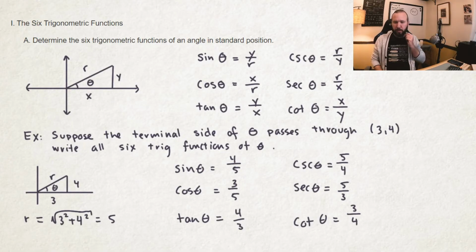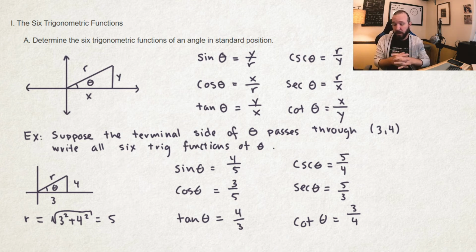Here's an example of how a project could look for topic 1A. So the competency is to determine all 6 trigonometric functions of an angle in standard position. So in my mind, the important concepts about this are the definitions of the trig functions in standard position.